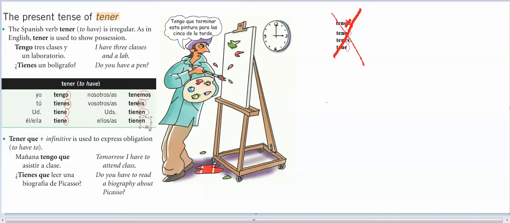Okay, so the endings that I've added are the same ones that I would add for any ER verb. However, what I'm doing in the stem is what's different. There's some changes that are happening in the stem.